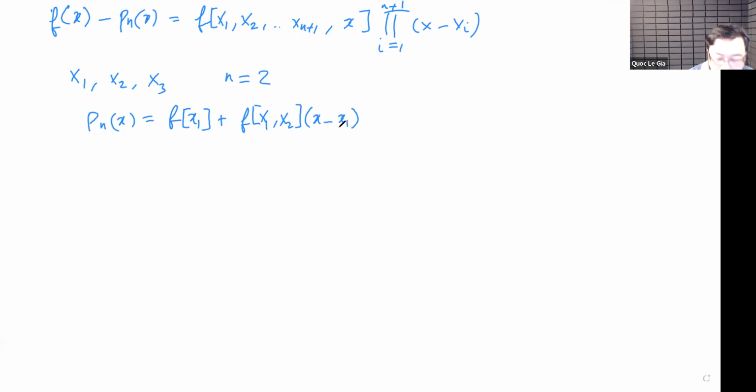And then plus, remember n equals 2, so I just write P2, f[x1, x2, x3] times (x minus x1)(x minus x2).